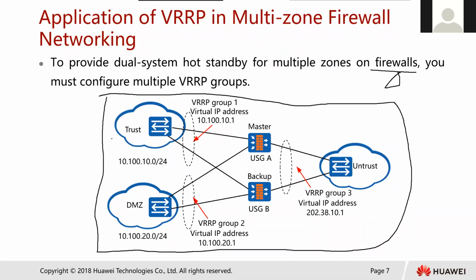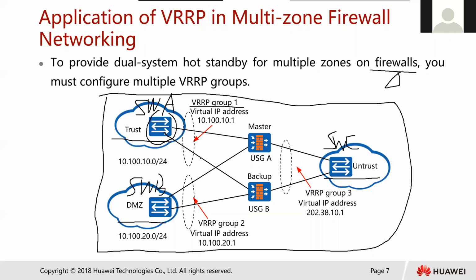We have also trust zone, DMZ zone, and untrust zone. In the trust zone, we have the switch A. In the DMZ zone, we have switch B, and this is switch C. So in this scenario, we can see that we have two VRP groups.